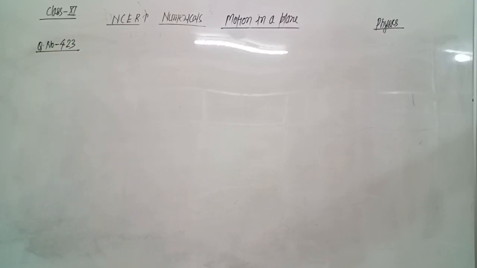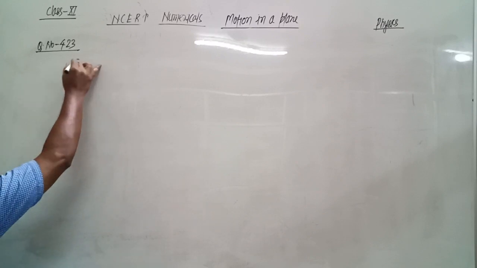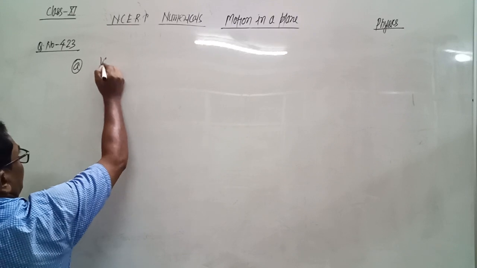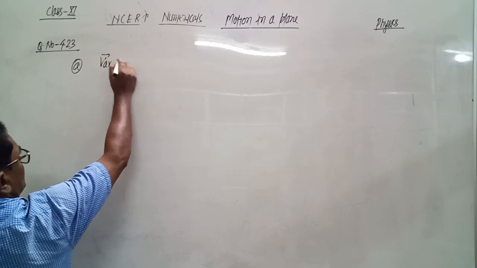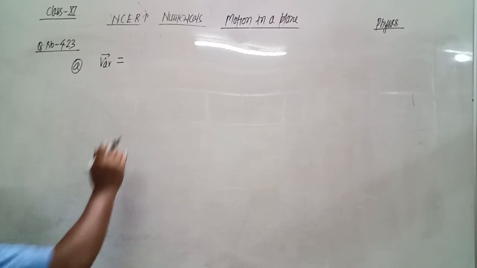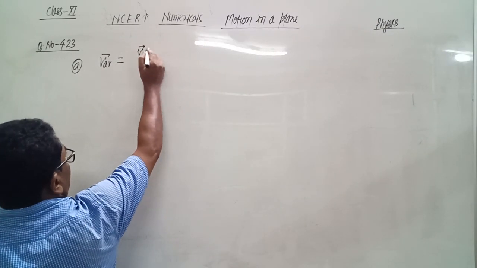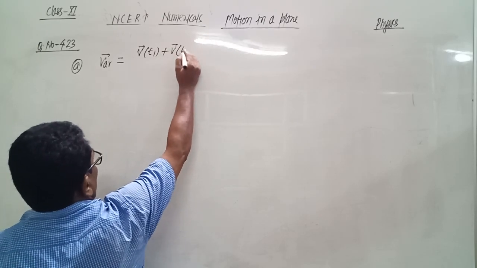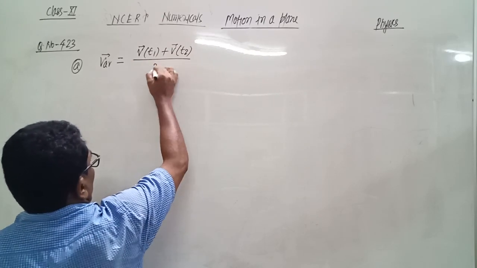For any arbitrary motion in space, which of the following relations are true? So, the first relation is given. Average velocity V average is equal to V at t1 plus V at t2, means velocity at time t1 plus velocity at time t2, upon 2.